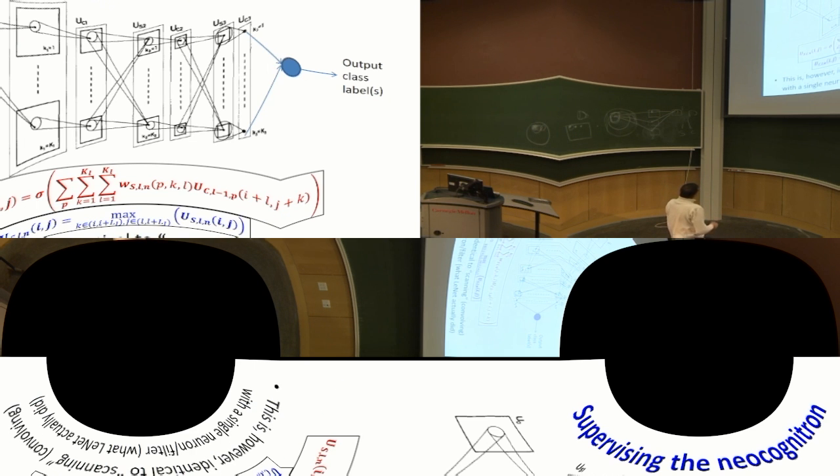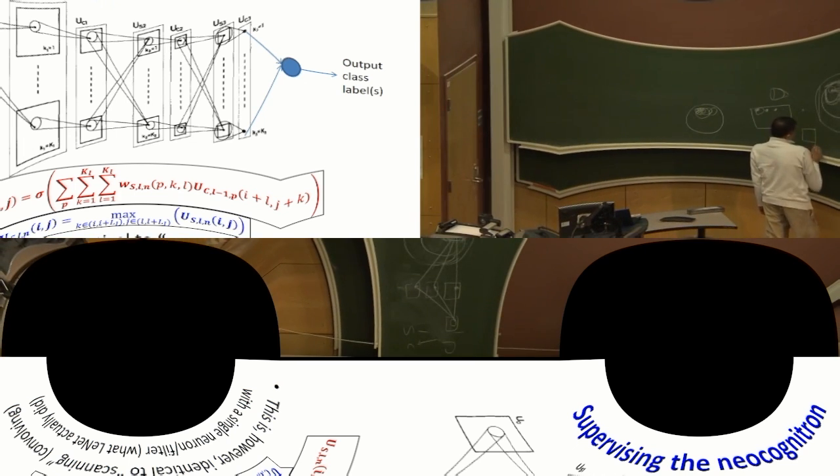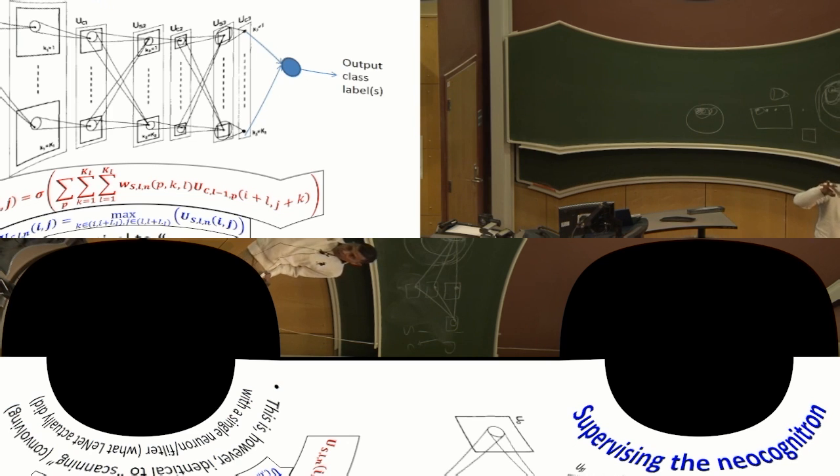And so what exactly is each of these S cells computing? It's looking at some input region of the image. And remember, our neurons are all correlation filters. Your weights represent a pattern that you're trying to detect, right?